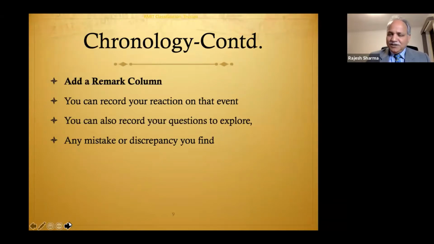You may also think that this was a wrong reply. You can write it down there. Anything which you find that you want to say, your reaction, write it there in the column. And then you can use it, or you can consider and reconsider it later.